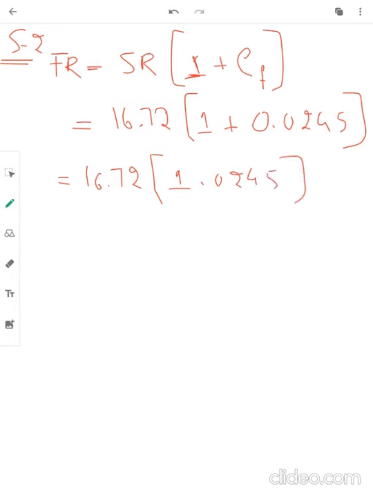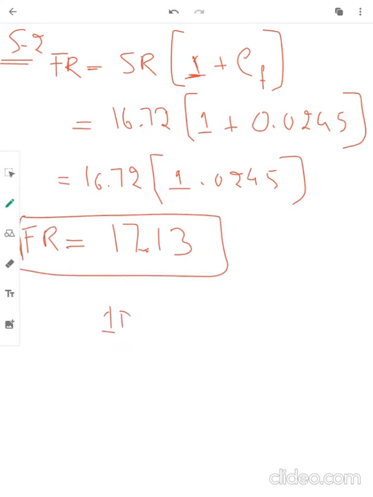and then I will multiply this with 16.72. So once I multiply it, it gives me a value of 17.1298. So I will round it to 17.13. So this is the forward rate, which means that 1 dirham will be equal to 17.13 Fs, depending on the inflation percentage used for how much time.